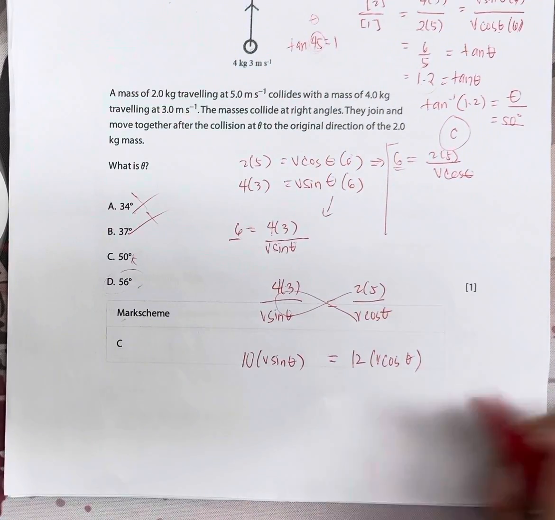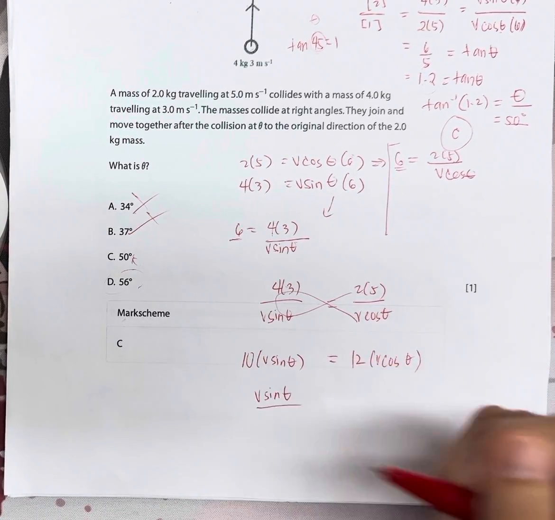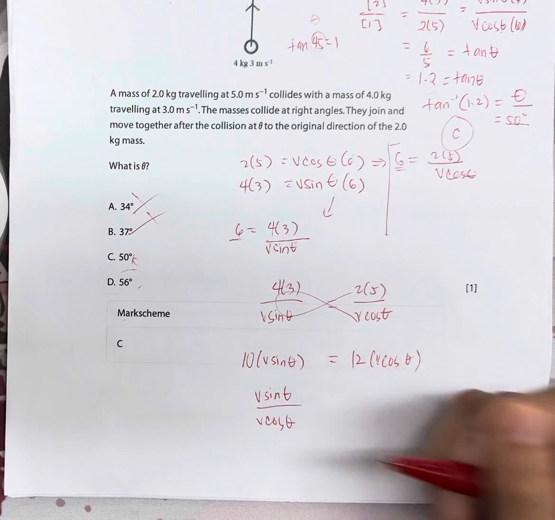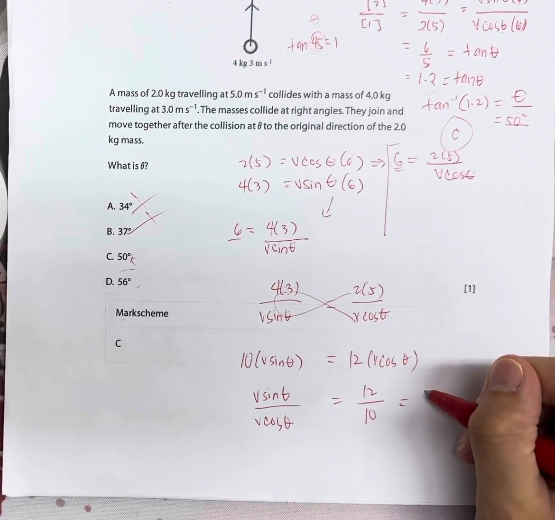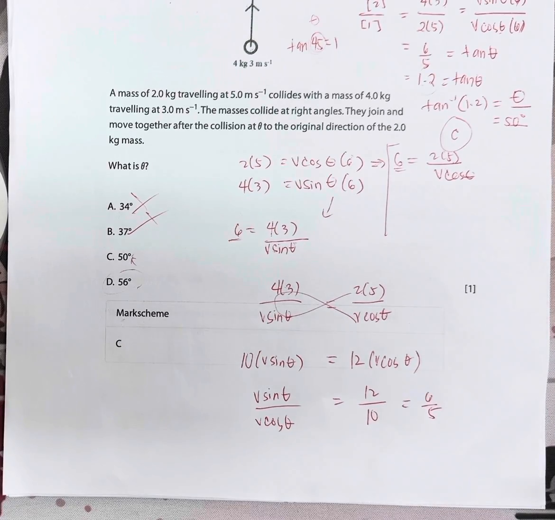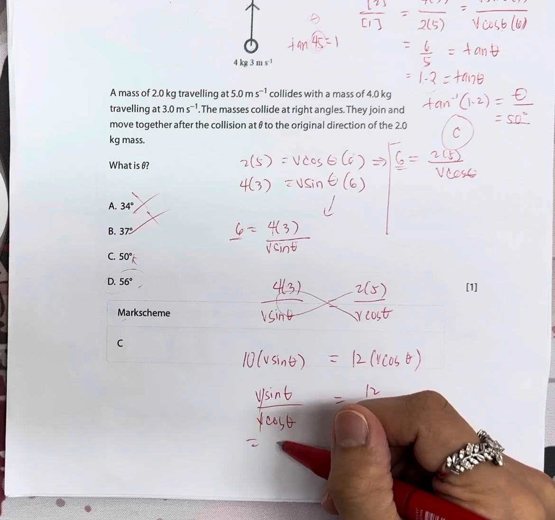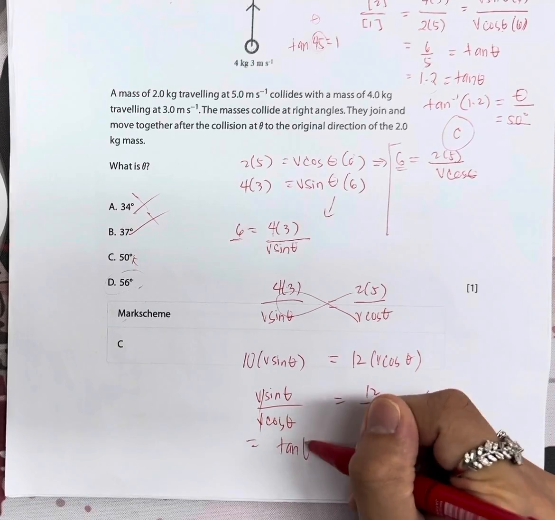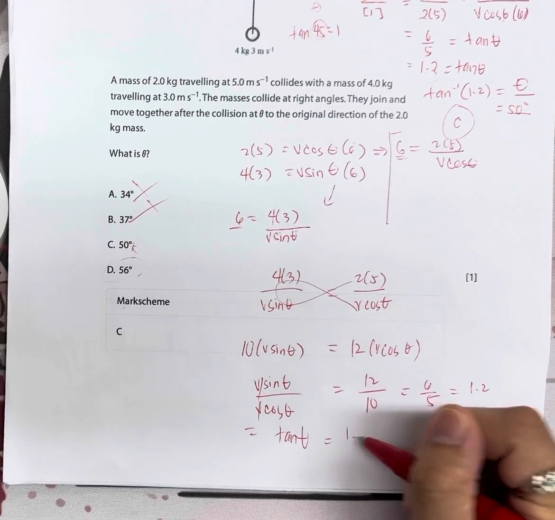Now, by moving things around, v sine theta over v cosine theta is going to equal 12 over 10, which is equal to 6 over 5. But then again, this cancels and simplifies to tangent of theta equals 6 over 5, which we said earlier is equal to 1.2.